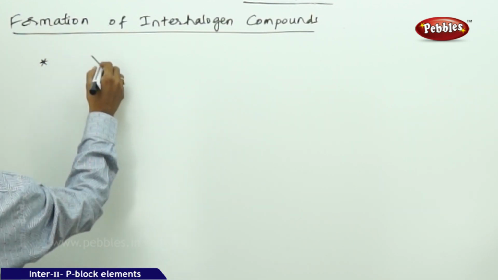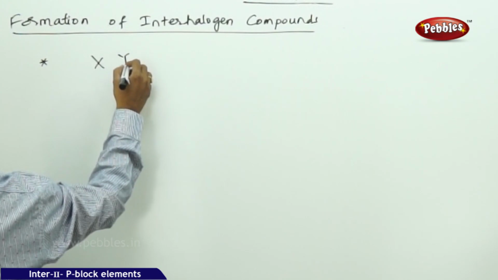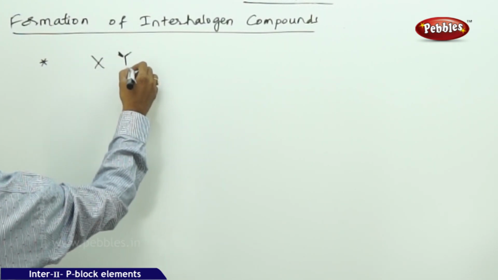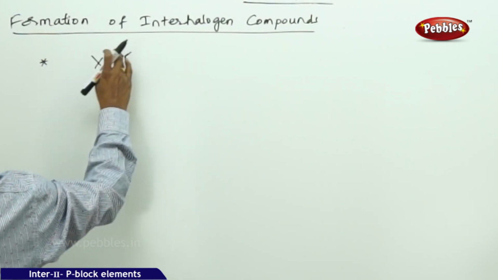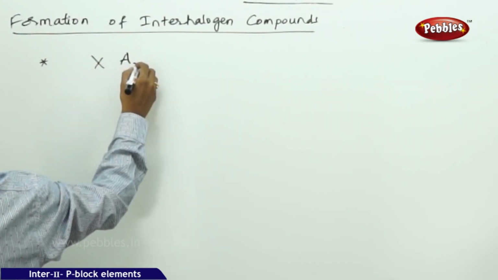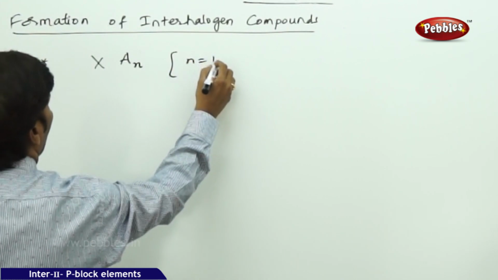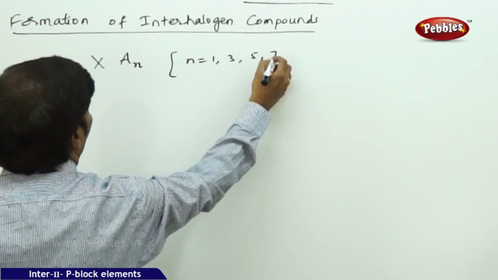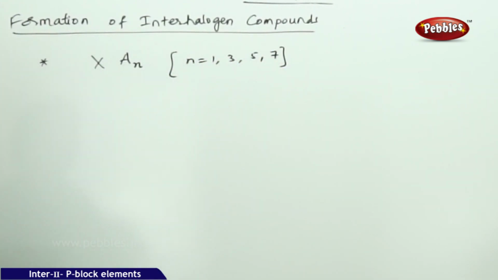Suppose I take XA_n, where n can be 1, 3, 5 and 7 only.